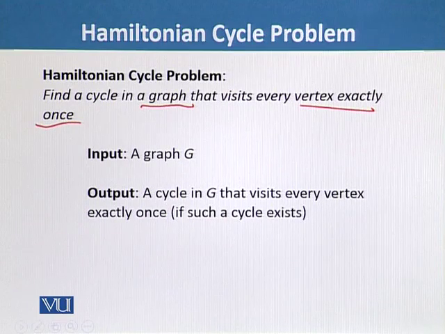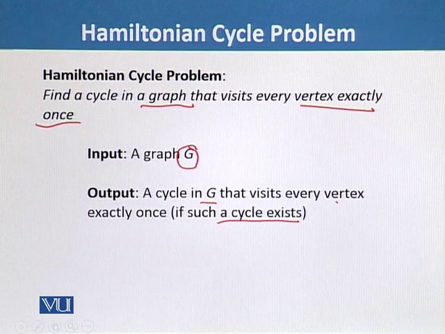The input is a graph G, as we have seen earlier, and the output will be a cycle in G that represents which city is to be visited first, in the form of a cycle that visits every vertex exactly once, if such a cycle exists. So it will show the path within the graph, and that path will be in the form of a cycle.